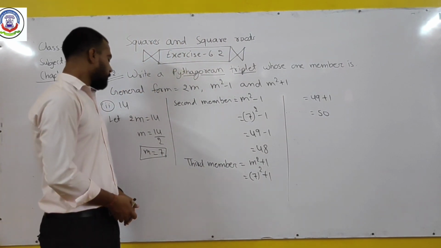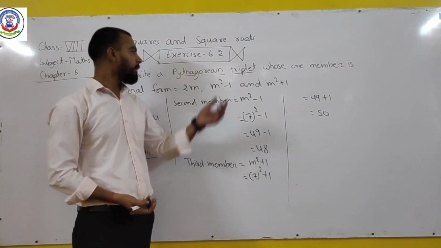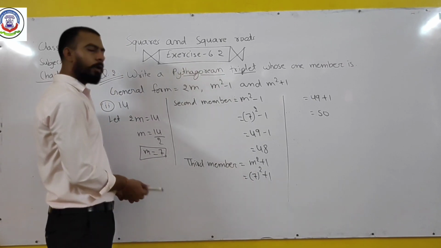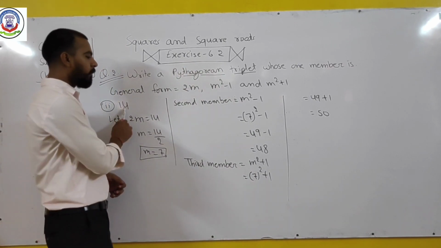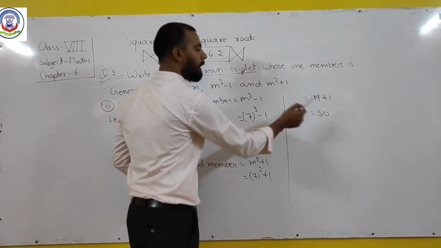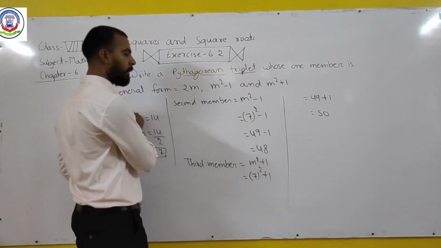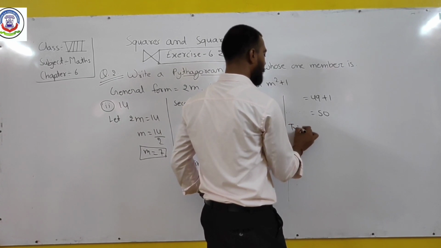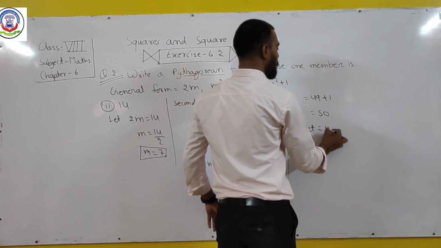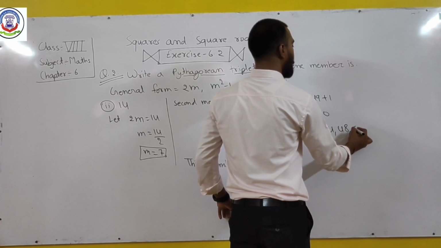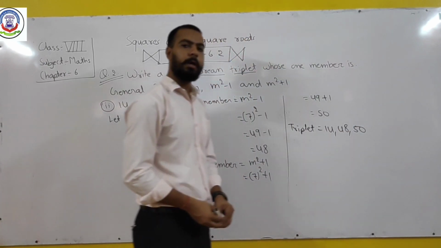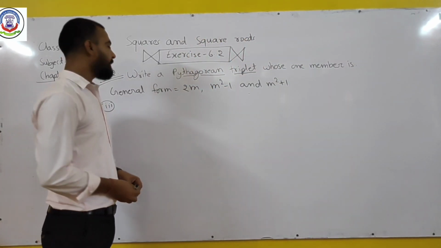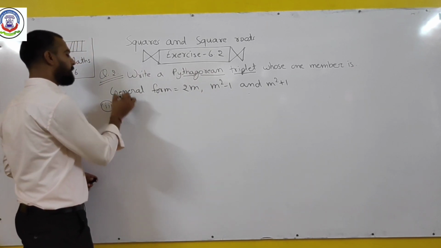Okay, so we have the three members of that Pythagorean triplet. Those members are 14, 48 and 50. So our triplet will be 14, 48 and 50. Okay. So let's see the next question, that is 16.